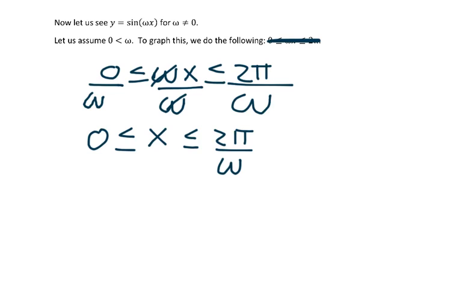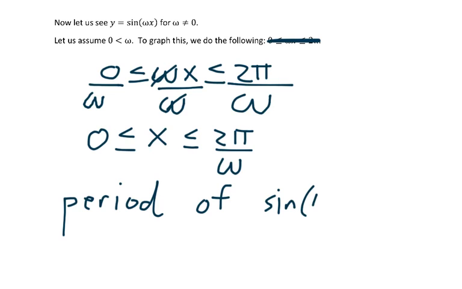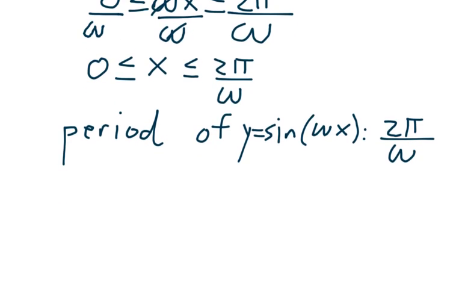In other words, the period of the function sine of omega times x is 2 times pi divided by omega.